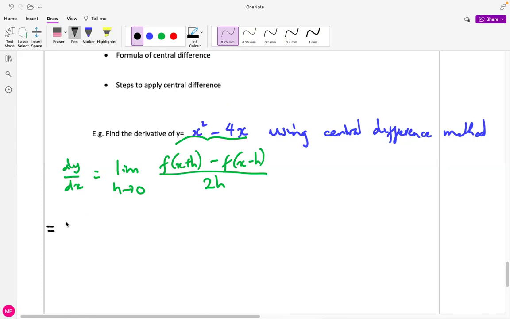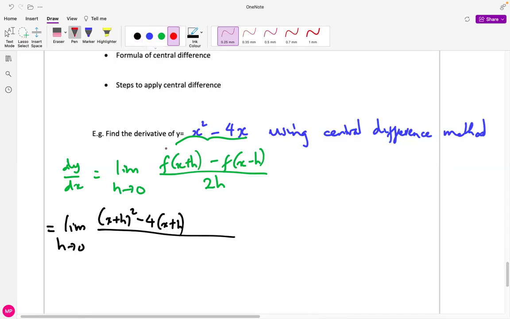So you're going to write that as x plus h squared, minus 4 times x plus h. This represents f of x plus h, and then you do a minus. F of x minus h will be doing the same thing, but you replace x with x minus h. So you would have x minus h squared minus 4 times x minus h, and then you do that over 2h.